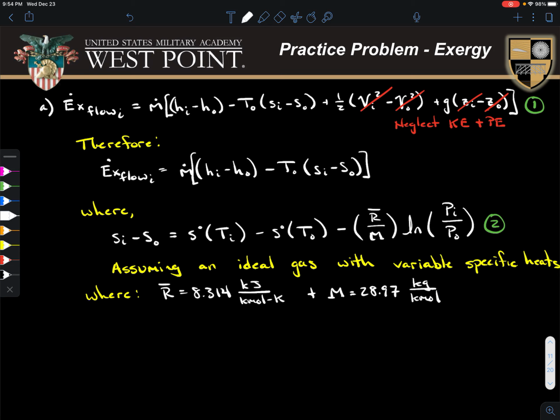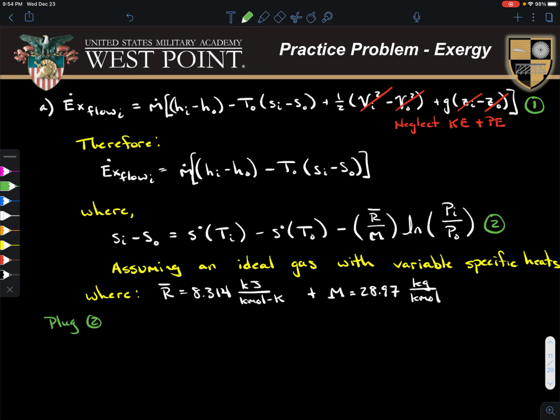Many of the terms that are in here, so our entropy or our enthalpy terms, we would be pulling from table 8, as I noted earlier. So we're now going to plug in equation 2.